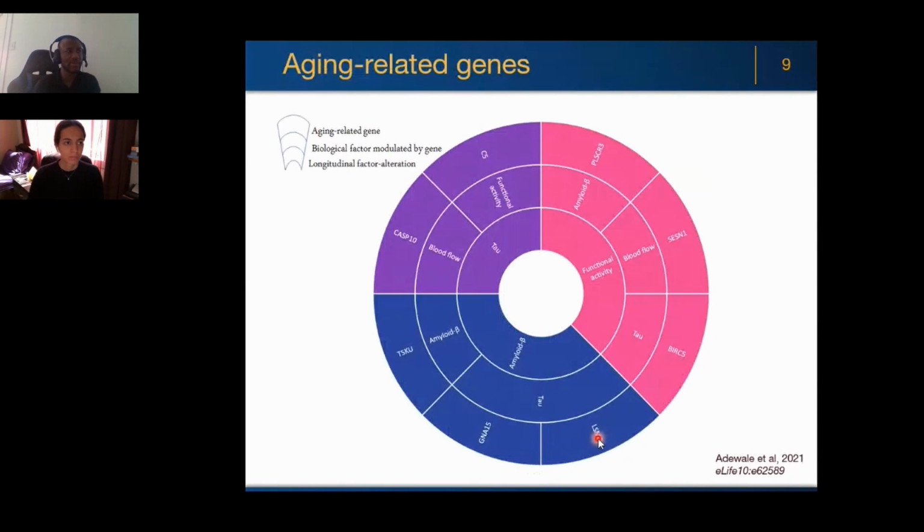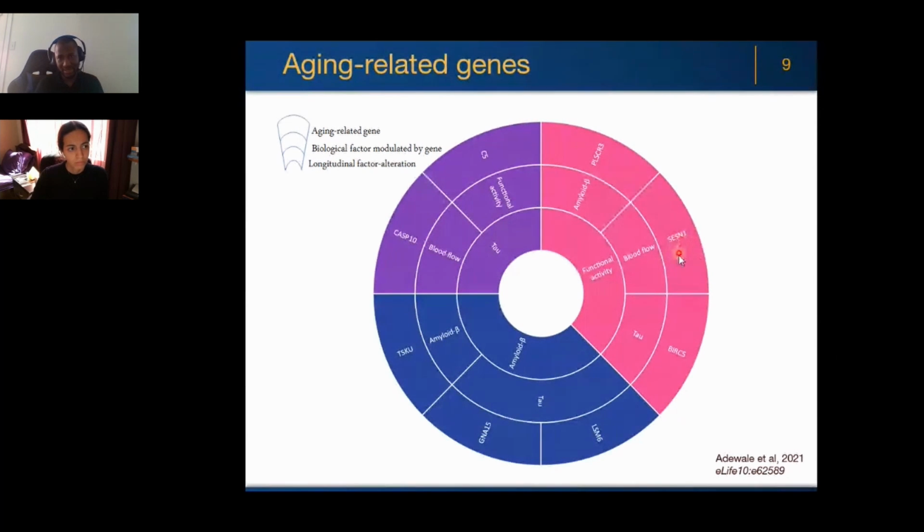So the novelty of this model is that it doesn't just tell us which genes are driving LV aging or Alzheimer's disease, but it also gives us an insight into the particular biological process or macroscopic imaging modality that particular gene is interacting with or modulating.